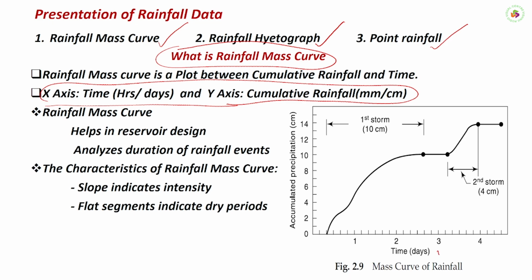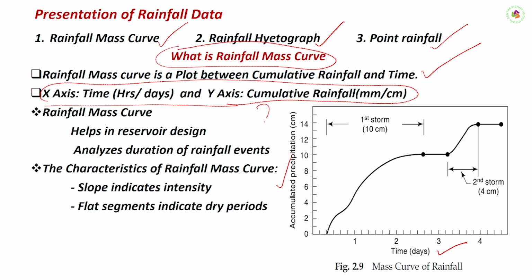So x-axis you take time, y-axis you take accumulated or cumulative rainfall, and if you plot a curve, that curve is called the rainfall mass curve. So the rainfall mass curve is a plot between cumulative rainfall and time. That is the first thing. Second thing is, what is this rainfall mass curve for?